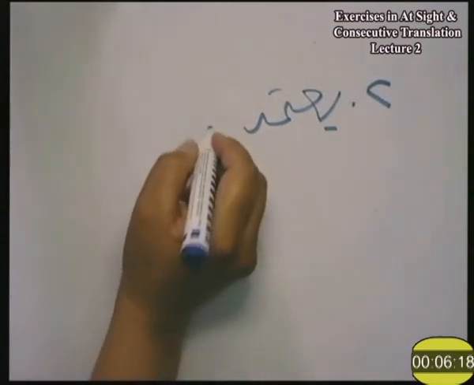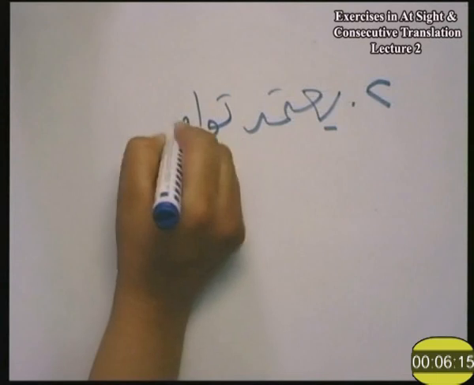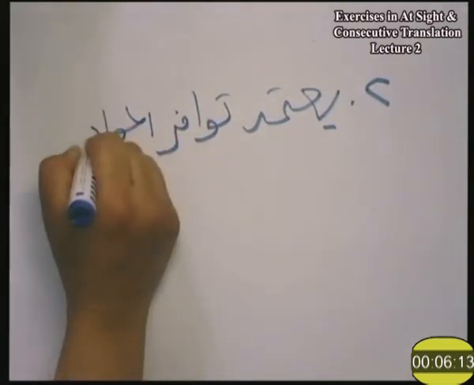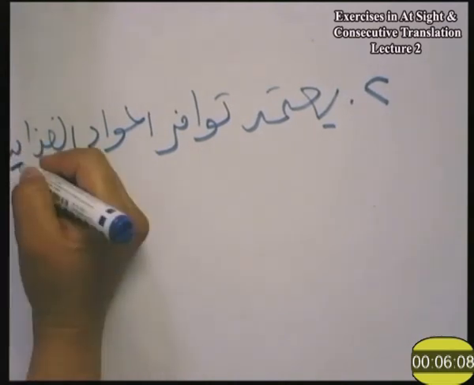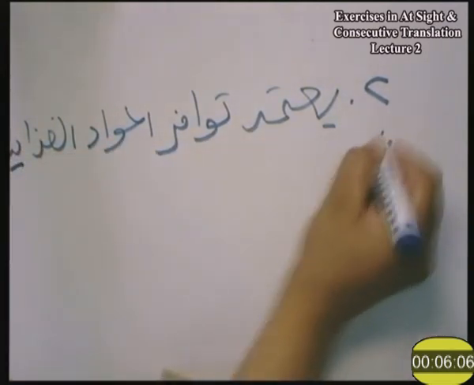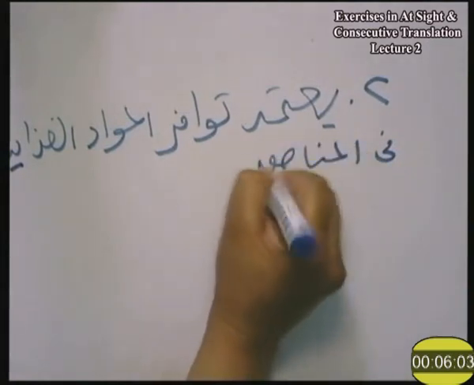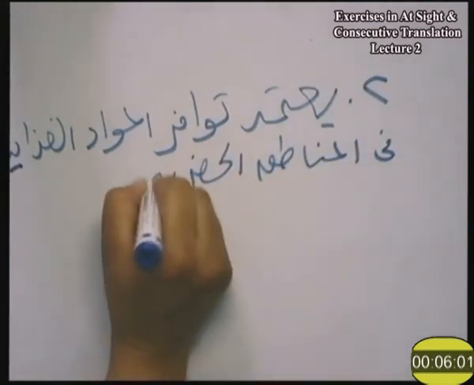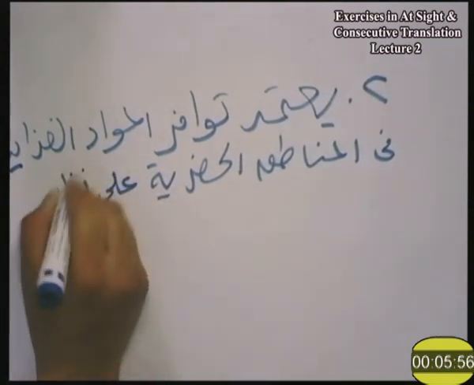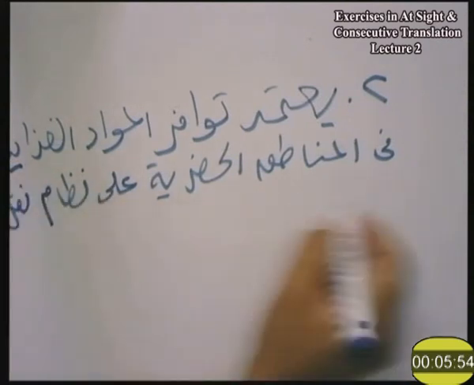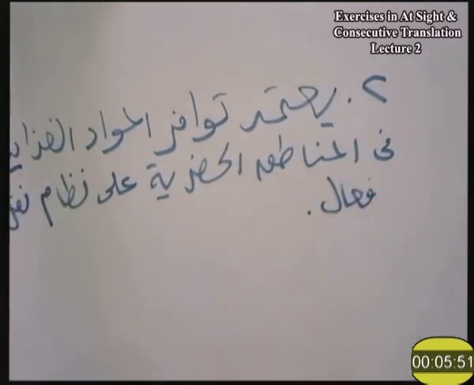Of course, the accessibility means being able to make use of. يعتمد توافر المواد الغذائية في المناطق الحضرية على نظام نقل فعال.